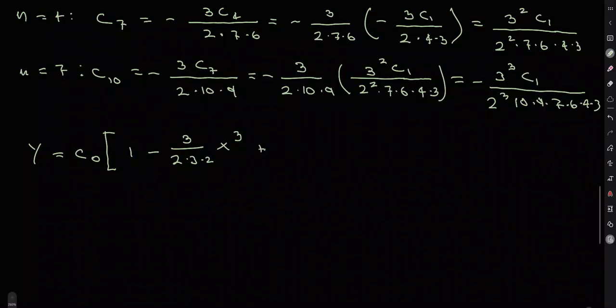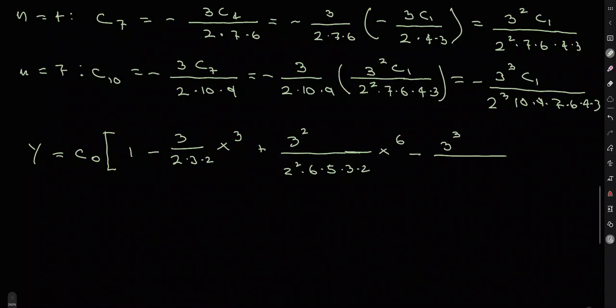So the next one is positive 3 squared over 2 squared times 6 times 5 times 3 times 2, and that's the coefficient of x to the 6.